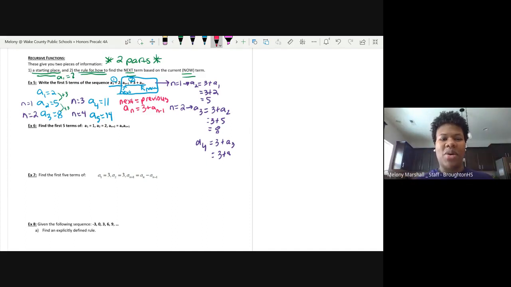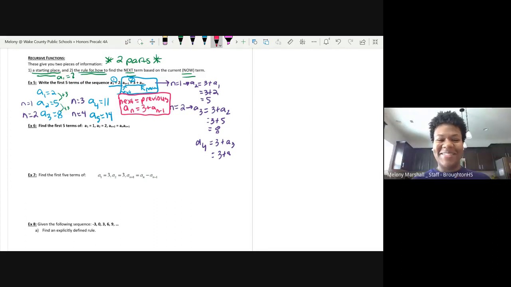It just depends on what equation you're going to be given or what equation they ask for. You may have the next-now situation or the next-previous situation. It just depends if you have a +1 or -1. +1 means that's the next, -1 means that's the previous.